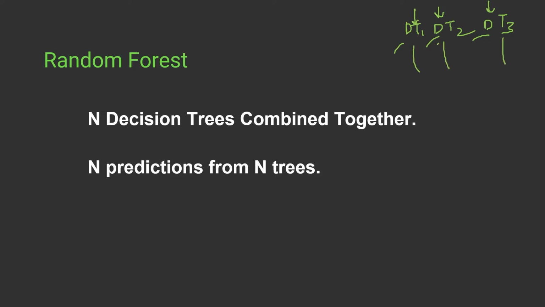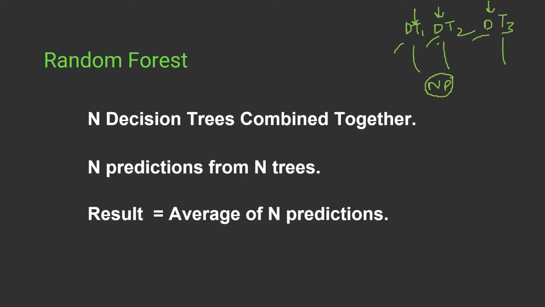So we'll have n predictions for a single testing input, and those n predictions will be averaged out. The final result of this ensemble will be the average prediction of all these models combined.